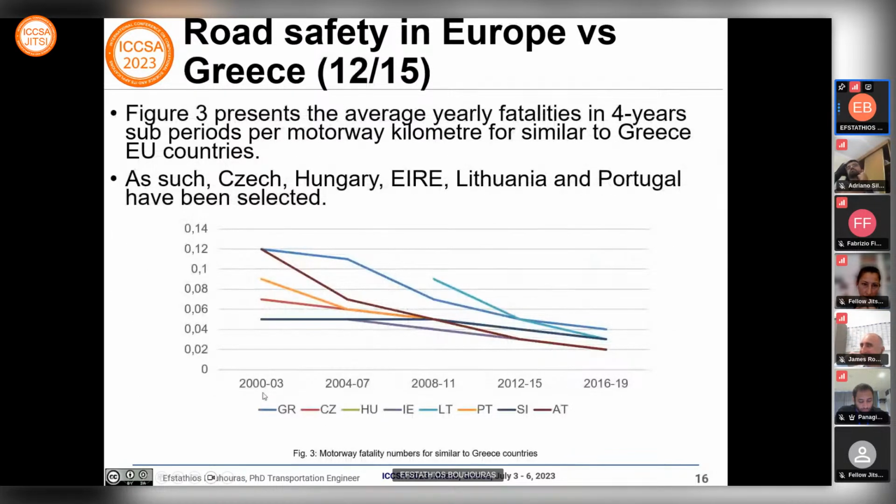When we compare Greece's performance with countries that have similar characteristics in terms of motorway kilometers, this is what was produced in figure 3: motorway fatality numbers for countries similar to Greece. We have the Czech Republic, Hungary, Ireland, Lithuania, and Portugal. We thought it would be best for this approach to compare Greece with these countries.